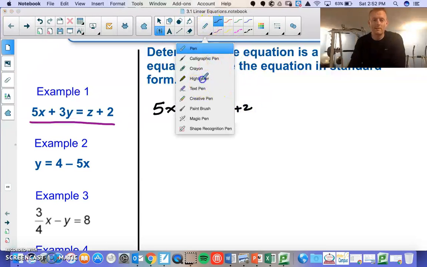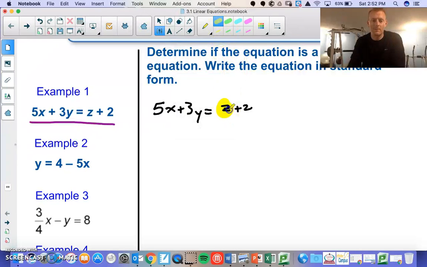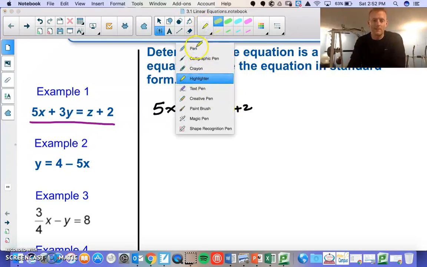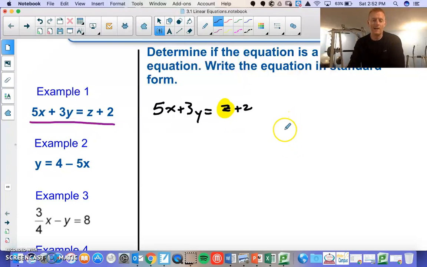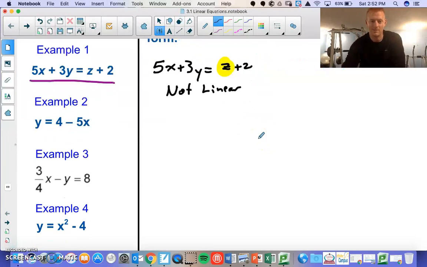The biggest issue with this problem is this z. There is not a z in ax plus by equals c, so this one's not linear. We might as well not even try to do anything with it because we just know it's not linear, and they told us to determine if the equation is linear.